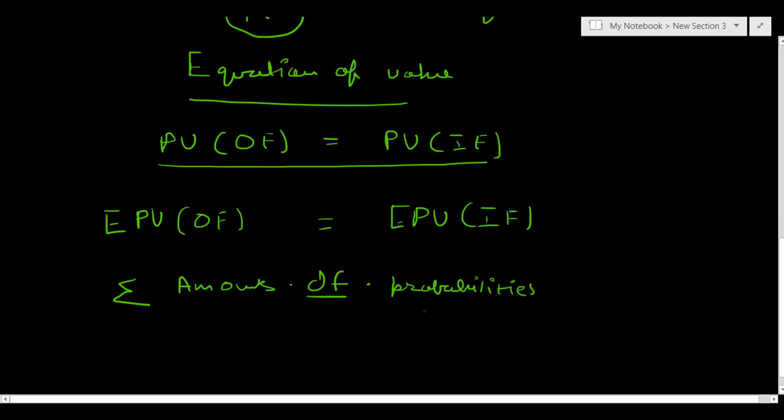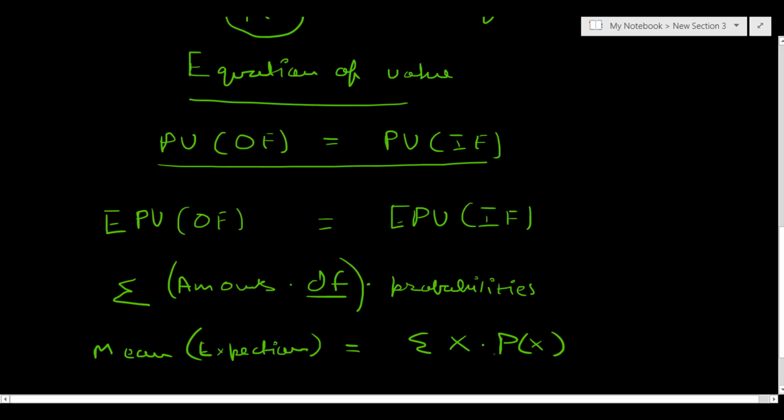You can think of this as calculating the mean. The formula for mean or expected value, which we call expectation, and you must have learned this in subject CD3, is the sum of x into probability of x, for a discrete series, summed over all the values of x.